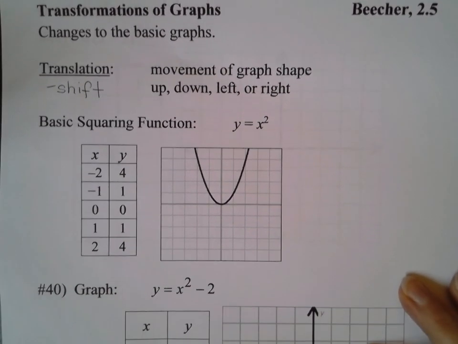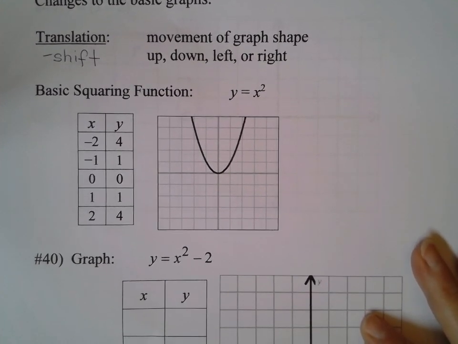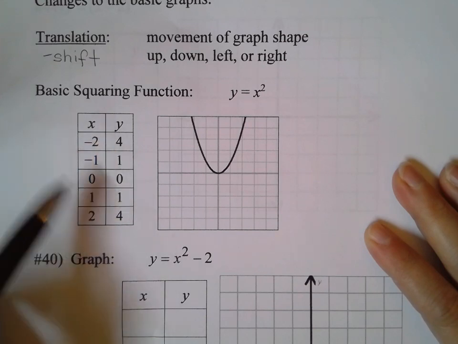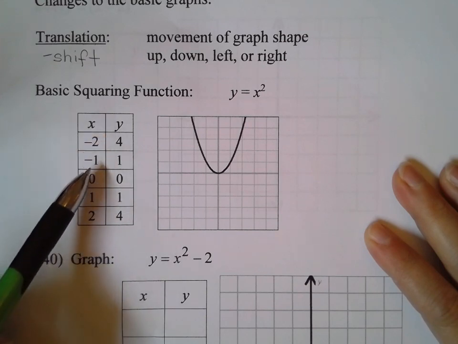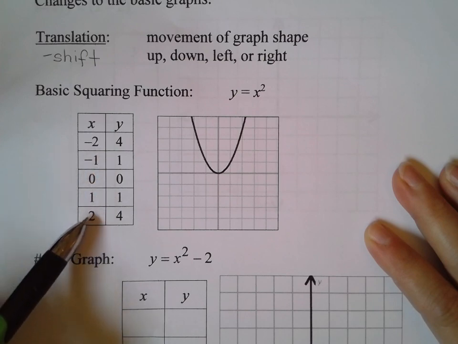Okay, so the first 2 examples that we're going to do involve basically the parabola, right? The y equals x squared, that's the most basic squaring function. I think you've graphed this one before, so I just kind of left these points filled in. If you were to make this graph, you can use the standard x values, -2, -1, 0, 1, and 2.